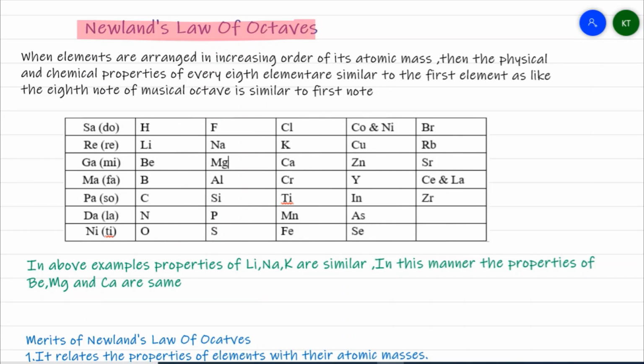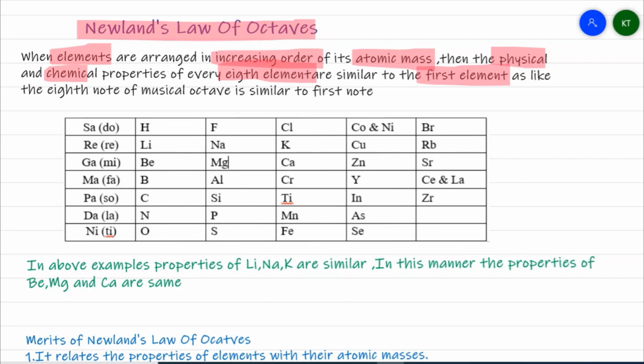According to Newland's law of octave, whenever we have elements arranged in increasing order of atomic mass, the physical and chemical properties of every eighth element are similar to that of the first element, like the musical note.